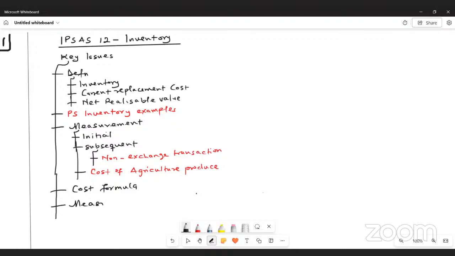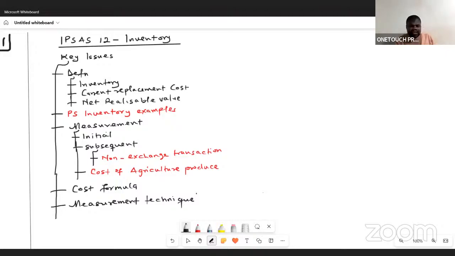It's a very simple standard. The cost formula and the measurement technique are the same as what you know in FA. The difference between IPSAS 12 and IAS 2 has to do with the definitions. We have introduced a new definition called current replacement cost. The examples of inventory under IPSAS 12 may slightly differ for the public sector, where we have some specialized inventory that we need to talk about.